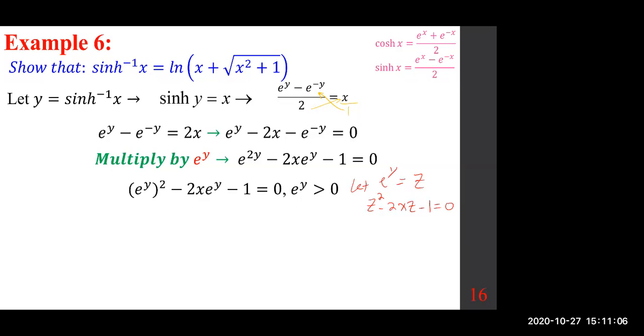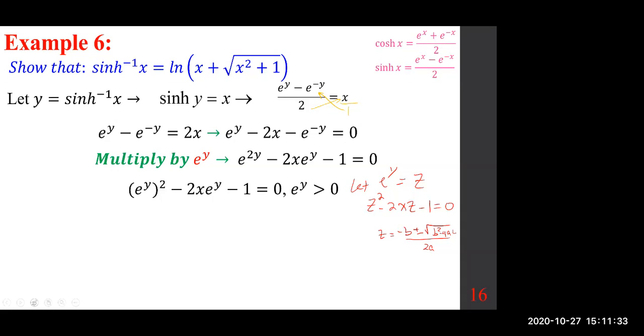And you use the quadratic formula. Everybody remembers the quadratic formula, class, right? So z becomes minus b plus or minus the square root of b squared minus 4ac, over 2a. Knowing now what is a and what is b.